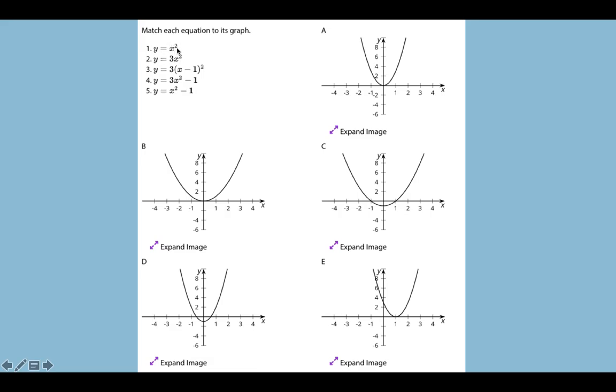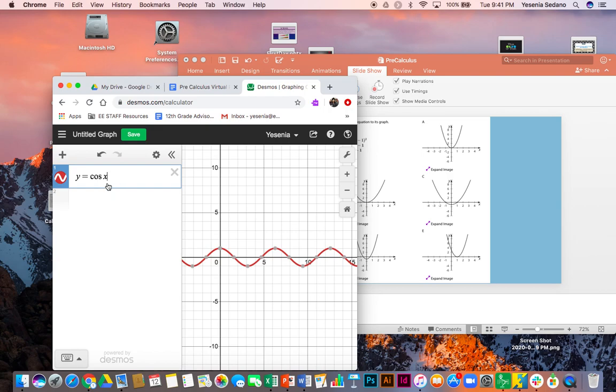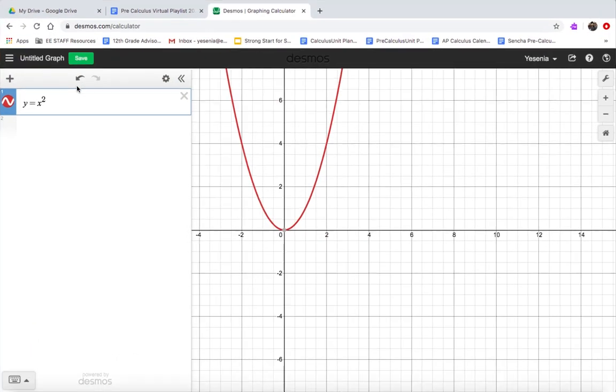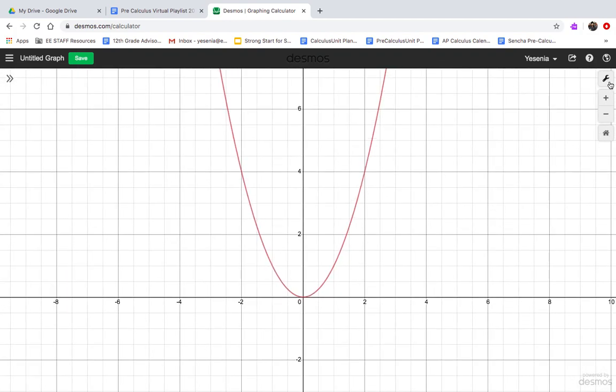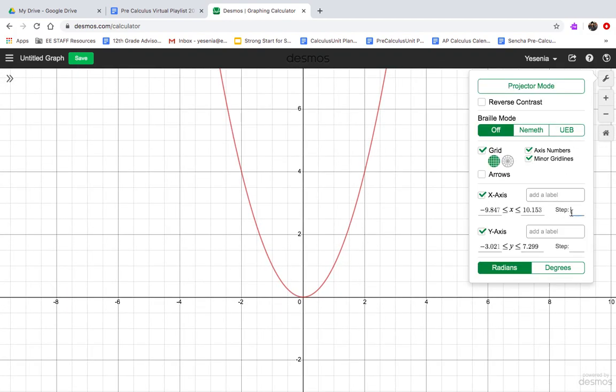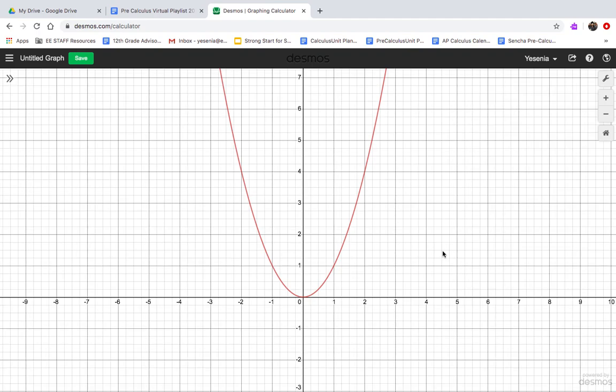If you need a reminder of the parabola, you're free to go on to Desmos and graph that up. If you don't need that reminder, that's cool. We're transforming this function in our example so that you have an entry point to do the cosine one. Just reviewing with a basic parabola right now.